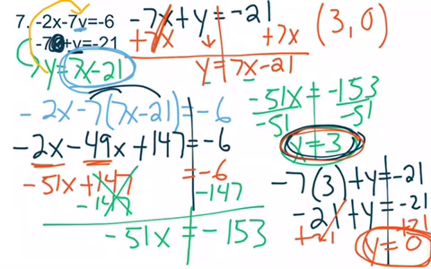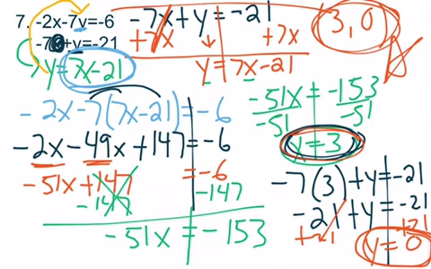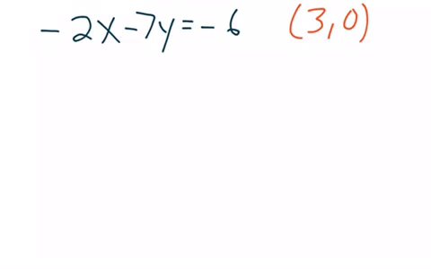Now you could always check these to make sure this is the right answer, (3, 0), by simply plugging it in the original expression. So now this is the first equation I had. My answer I got was (3, 0), so this would be my x, this would be my y.